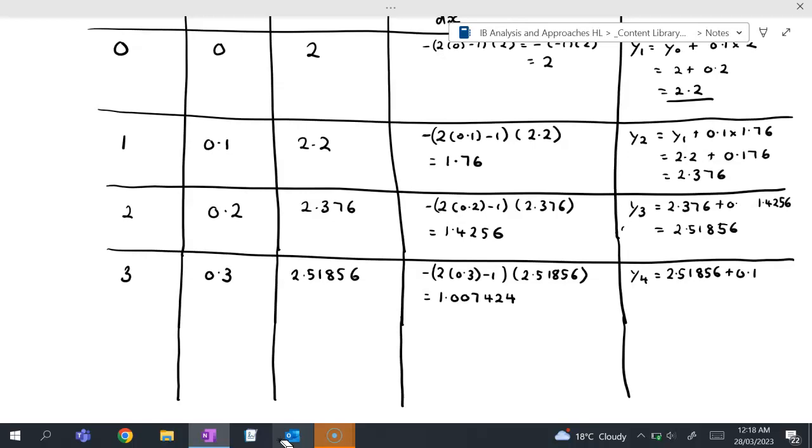Sorry, that back there, that should be 0.1. It's always consistent. It's always a step value. Times 1.007424, giving me, and this is where I start rounding, 2.6193.